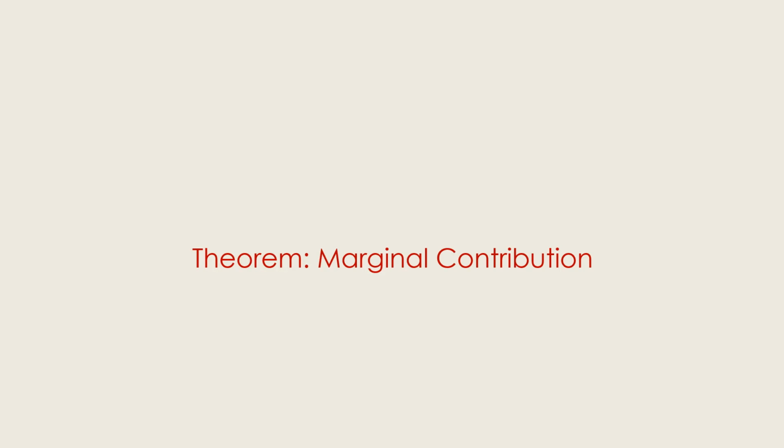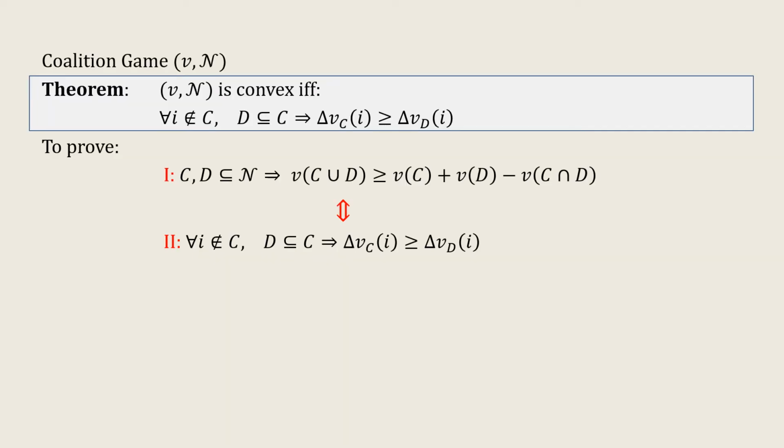Theorem, marginal contribution. So here's the theorem. v is a convex game if and only if for all i not in C, and D a subset of C, we have a coalition C that does not include i, and we have D, which is a subset of C. Obviously, D wouldn't contain this agent i either.